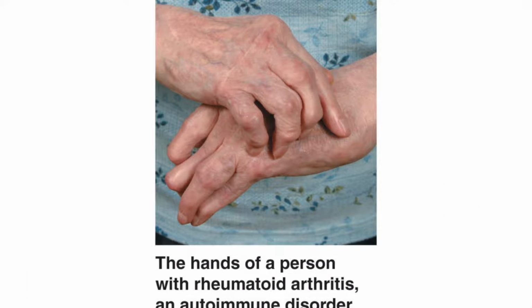And finally, we're going to talk about autoimmune disorders. So the immune system normally recognizes and ignores self-antigens. But when the recognition system malfunctions, activated B cells make antibodies against normal body cells called autoantibodies.